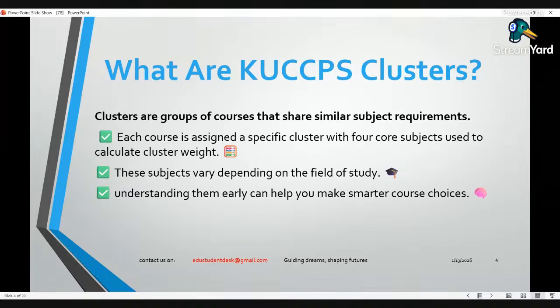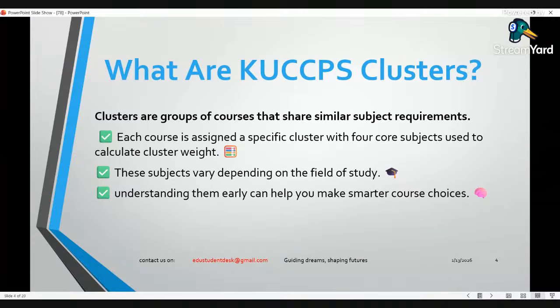Each course is assigned to a specific cluster with 4 core subjects used to calculate it. These 4 subjects differ based on the course. For example, science-based clusters require sciences, while arts-based focus on humanities. Understanding course clusters early helps you make smarter and more strategic course selection.